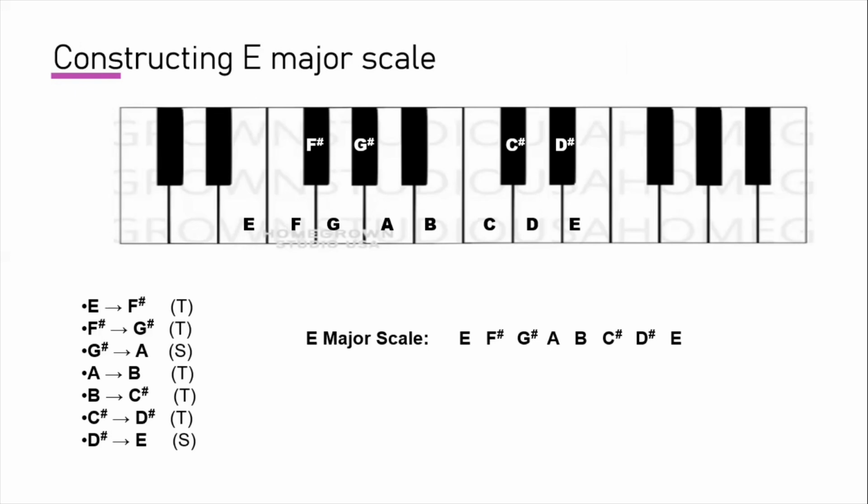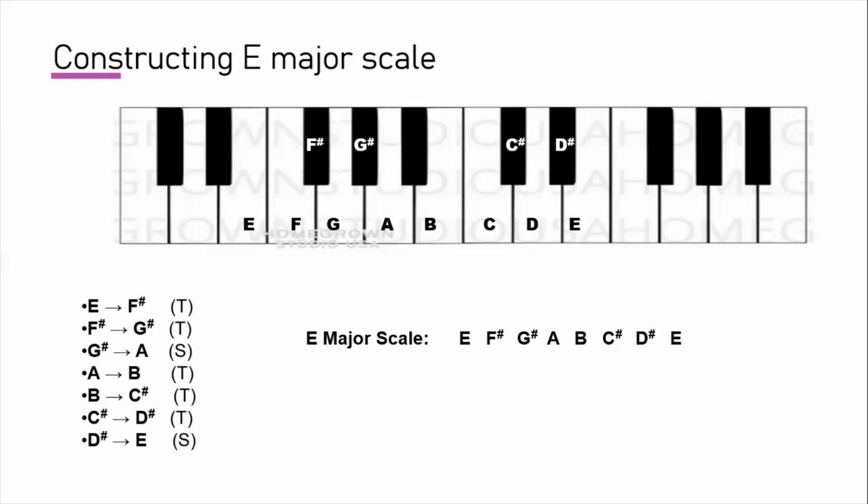And when we take a look at the pattern which we use to build the major scale, we move from E on the keyboard to F sharp, that is a tone. Now from F sharp to G sharp, that's a tone. And now from G sharp to A, that's a semitone.